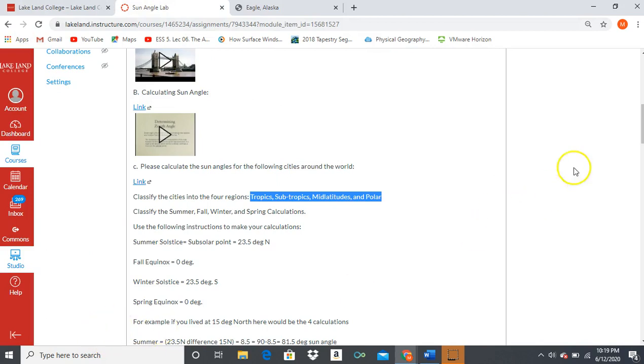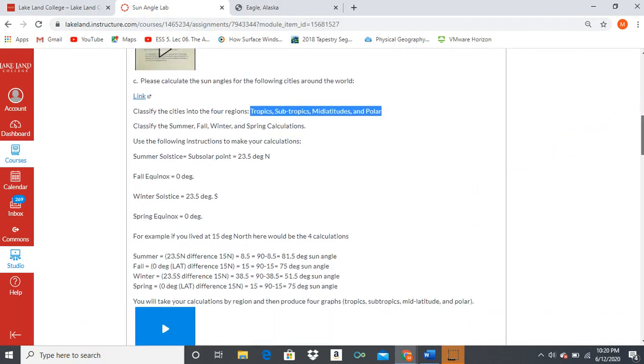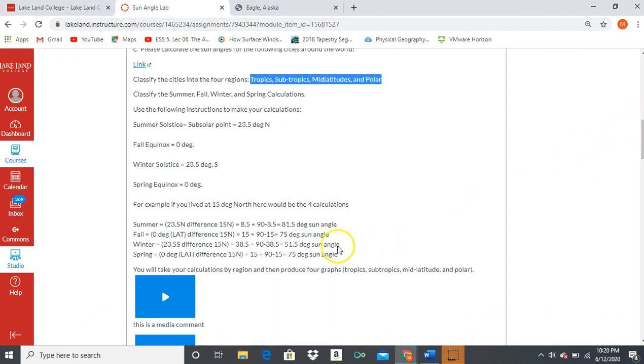So I give you some examples of how you calculate the sun angle, and you calculate the sun angle very simply by taking a formula of where the sun's rays are on the summer solstice, which we know is 23.5 degrees north.